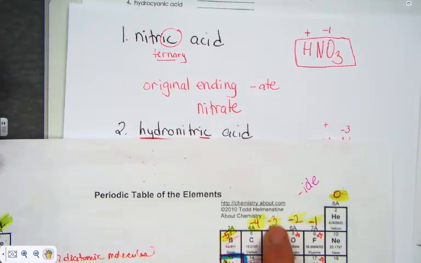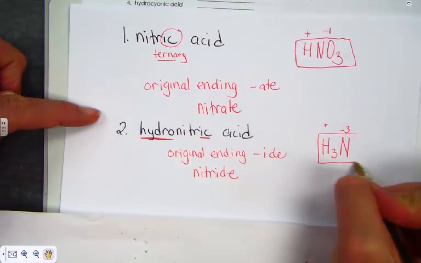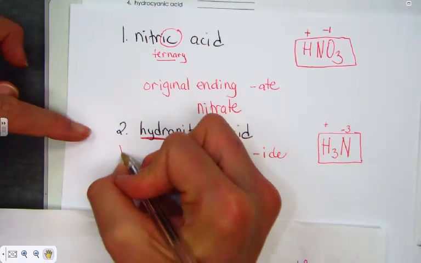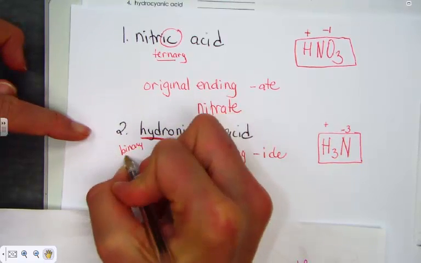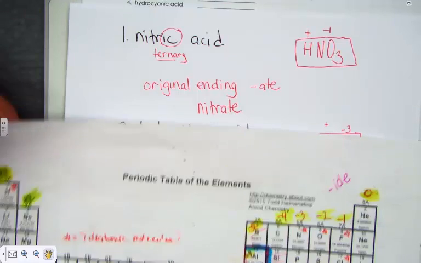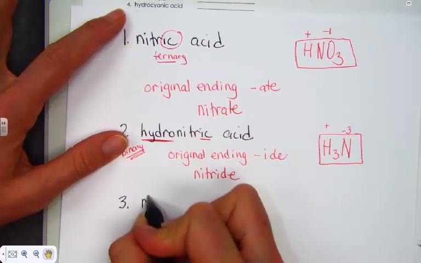N from nitride is a -3. We simply crisscross and we get a binary acid, hydronitric acid, H3N. Hydro root word ic tells me it was binary. Let's try the third one. The third one is simply nitrous acid.